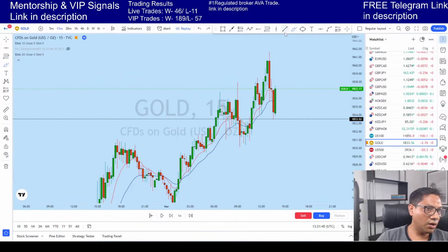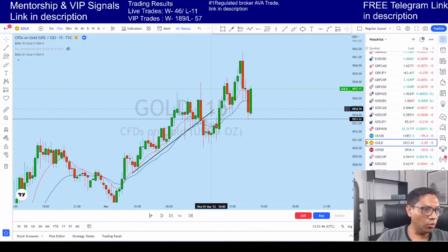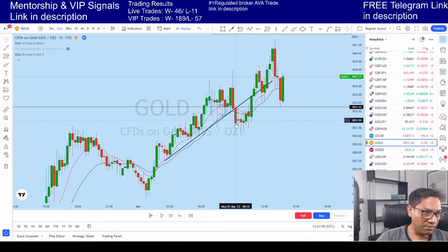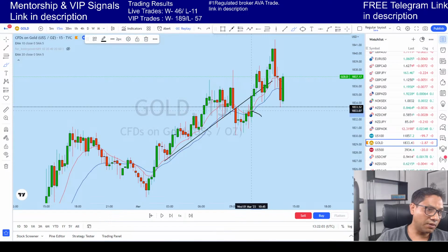This local support was completely broken, the price broke down, grabbed the liquidity, then formed an inverted head and shoulders and broke to the upside again. So this is where the smart money bought.